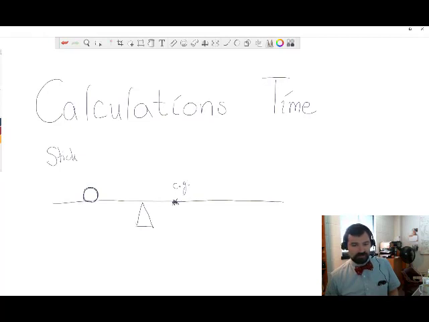And basically what you have is the force downward from the stick. F stick would be mass of stick times g. You have the force downward here from your calibration weight, mass calibration times g. That would be the force from the calibration weight.